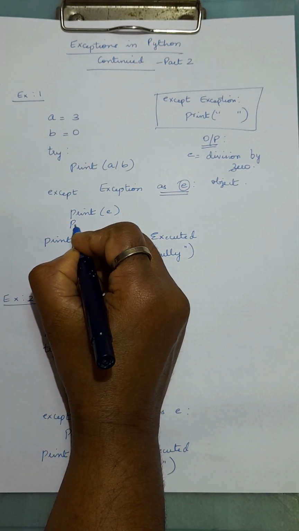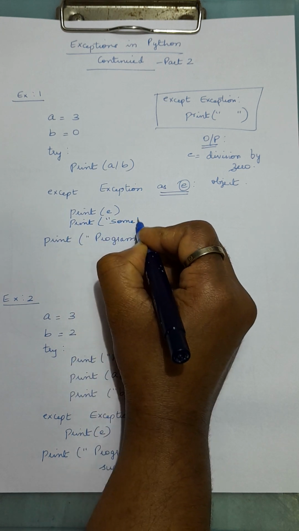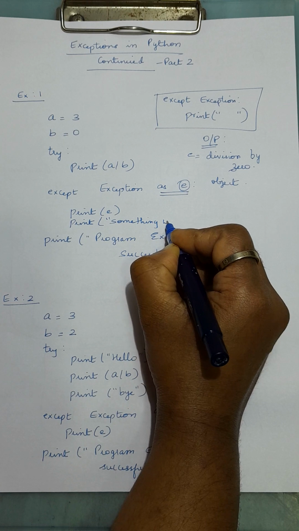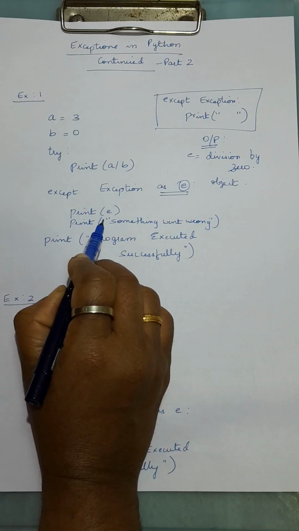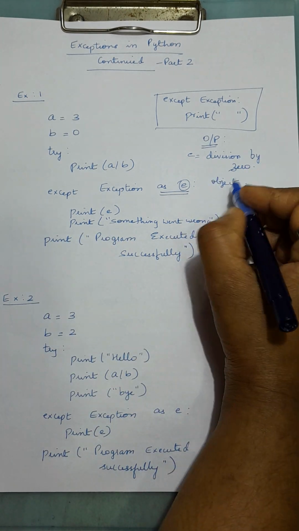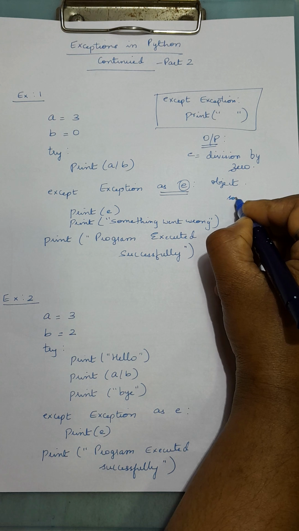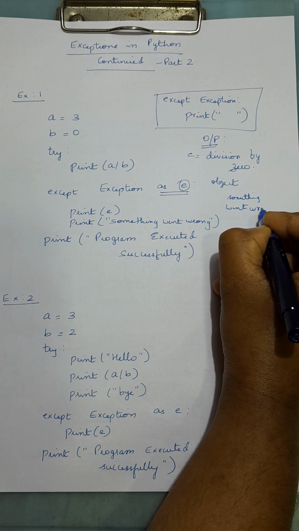Or I can write print, in addition, something went wrong. In addition to print E, I can also print something went wrong, which means in the output I'll get division by 0 followed by something went wrong.